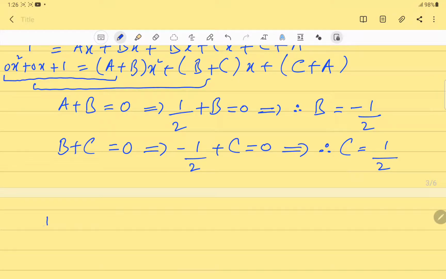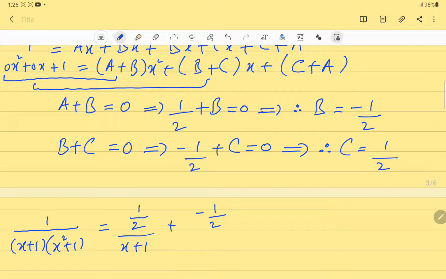Our fraction 1 over x plus 1 into x squared plus 1 is equal to 1 over 2 over x plus 1 plus minus 1 over 2 x plus 1 over 2 over x squared plus 1.